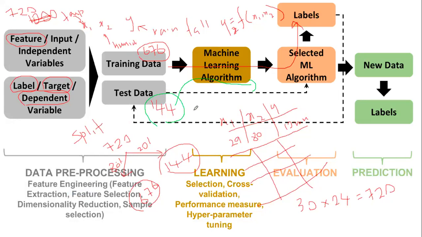For this test data we know the x's and the y, so we know the predicted and the actual. We can predict from the algorithm, our equation, and we know the actual.